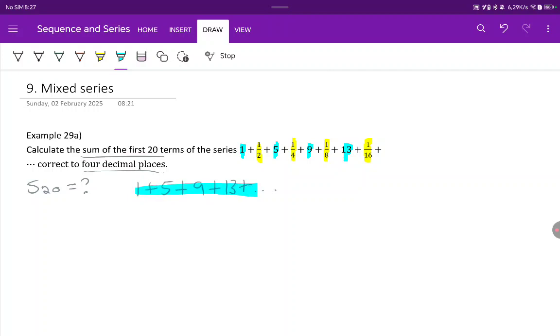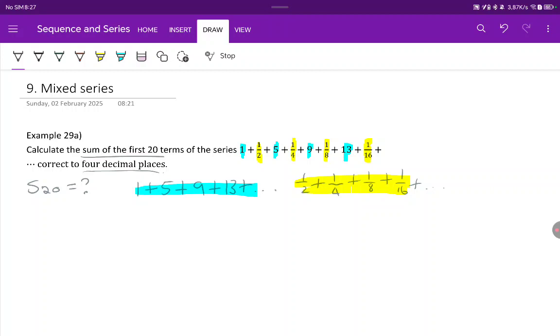That would be the blue part. And then we can have a half plus a quarter plus an eighth plus a 16th. That would be the yellow part. That could be how we split this series.